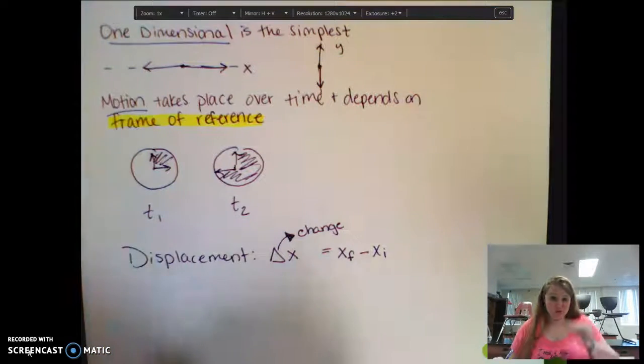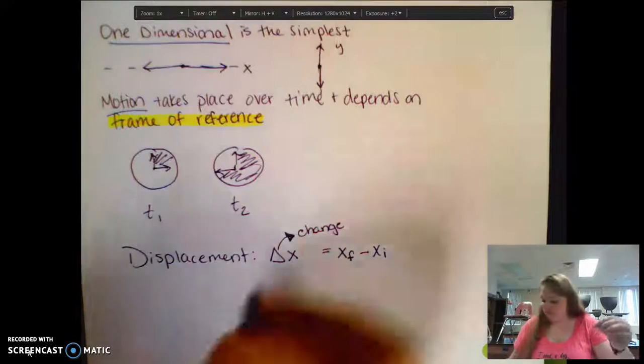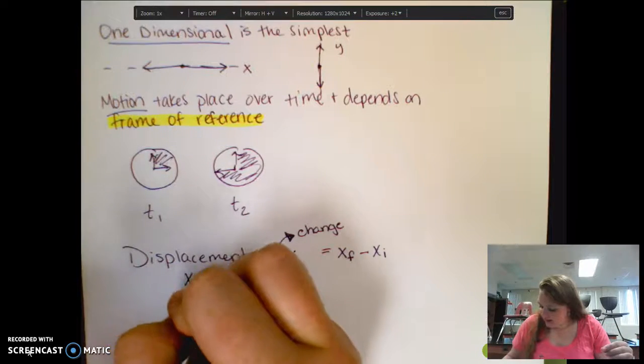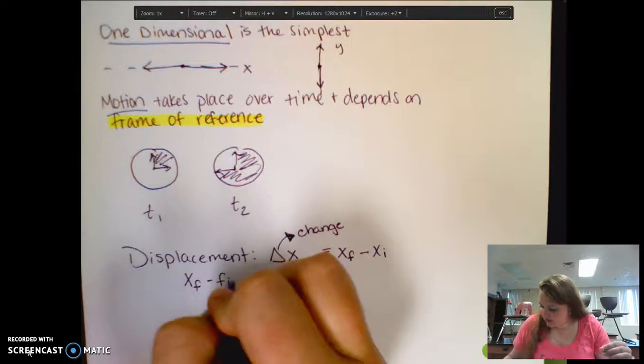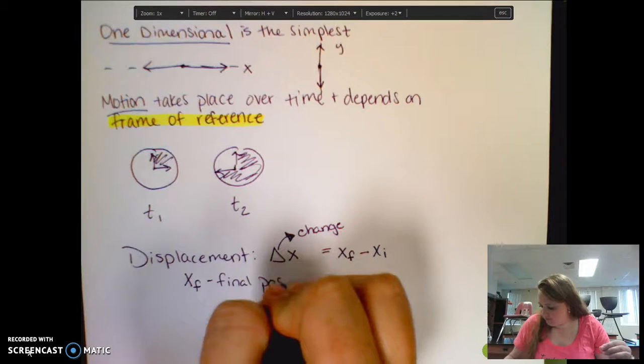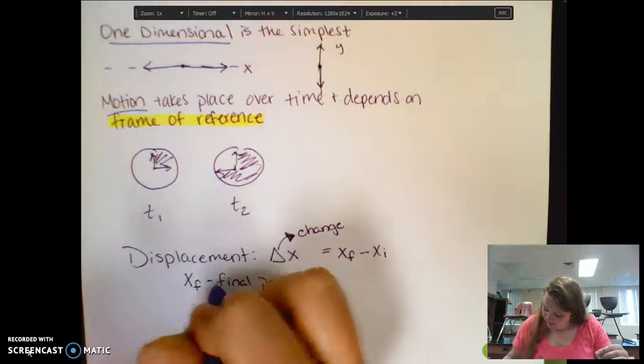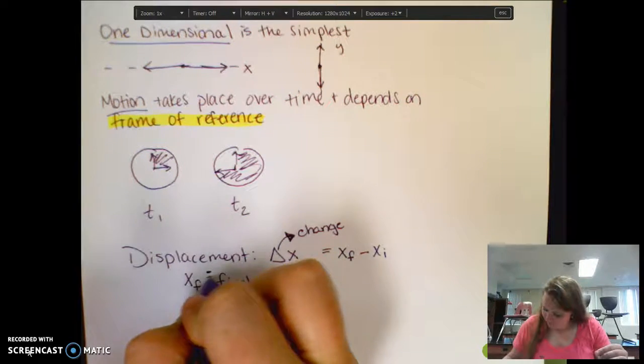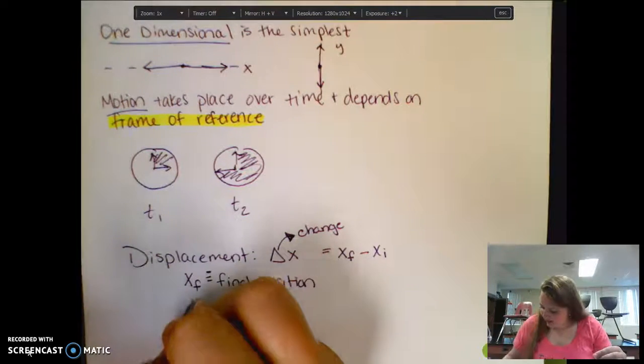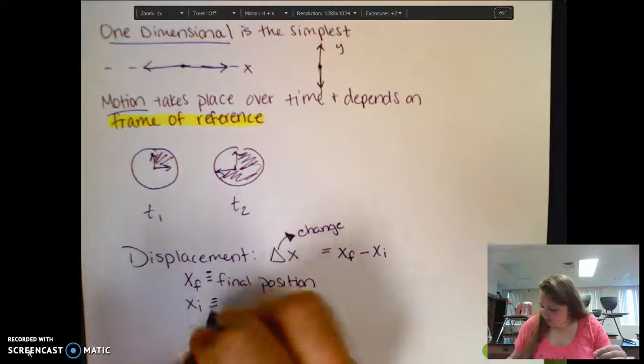So here I've introduced a term, and I've also introduced a couple variables. XF is final position. Obviously the F stands for final, and X stands for your position.